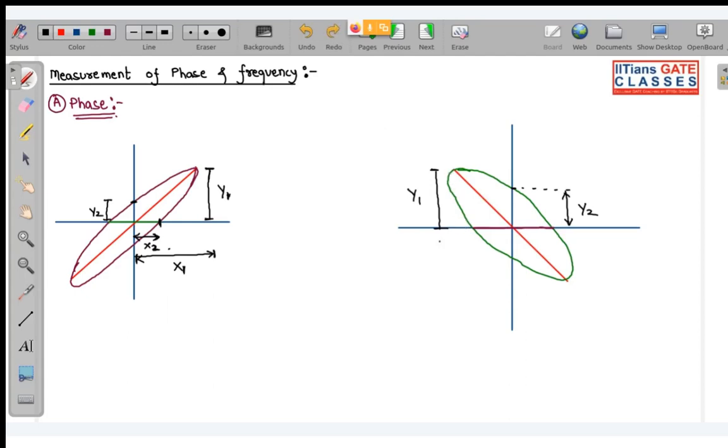So let this much be x1 and this distance be x2. Please tell me, have you understood this or not? Have you understood these two things? What am I trying to say? What are these x1, x2, y1, y2? Is it clear? Please tell me.